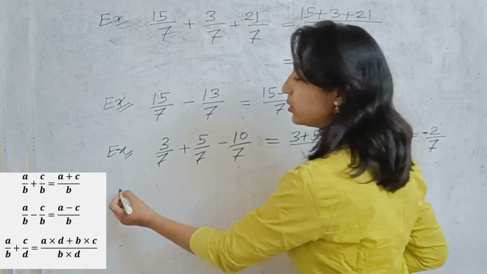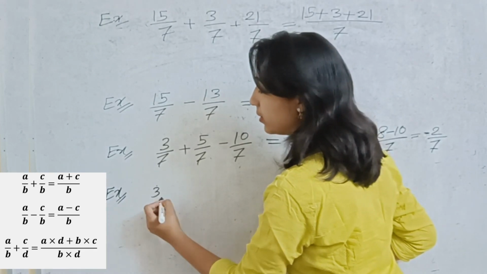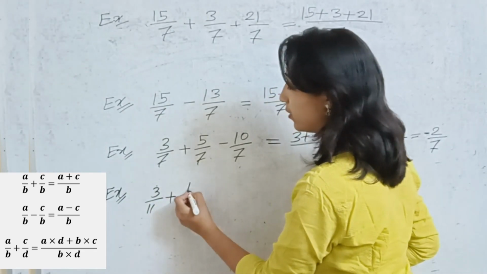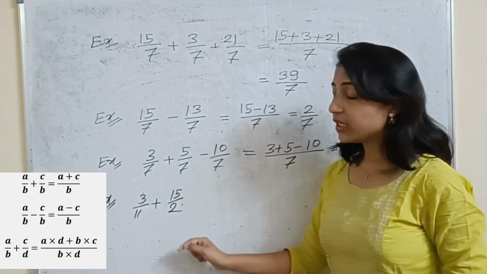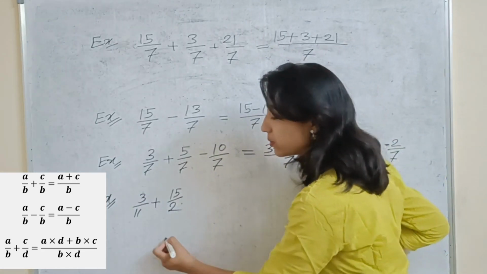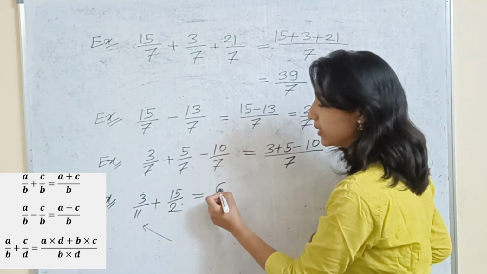Now let's suppose their denominators are different. I will take here 3 by 11 plus 15 by 2. Now if the denominators are different, you have to do the cross multiplication. So first 2 multiplied by 3 is 6.